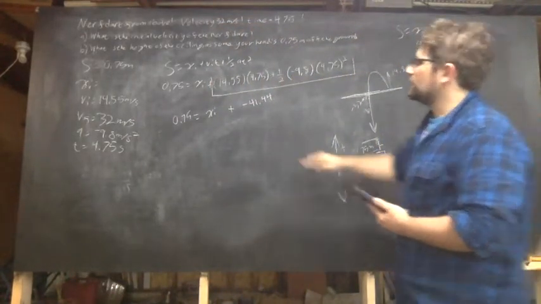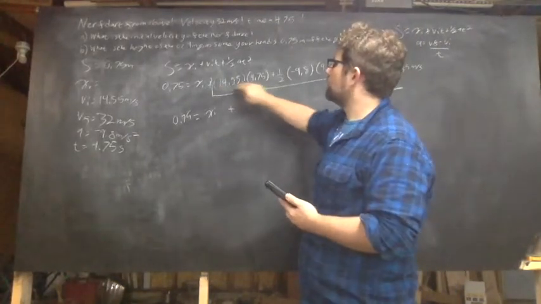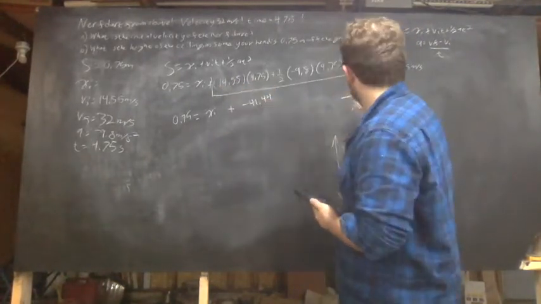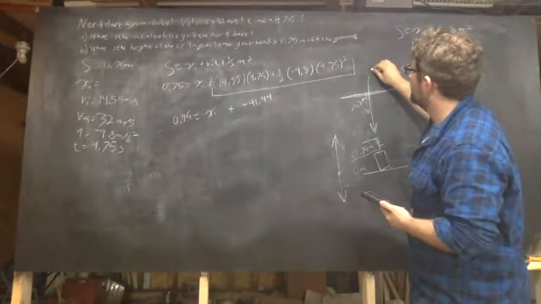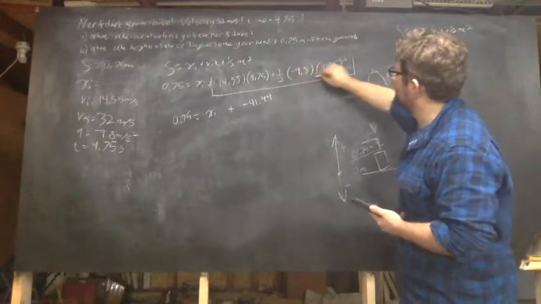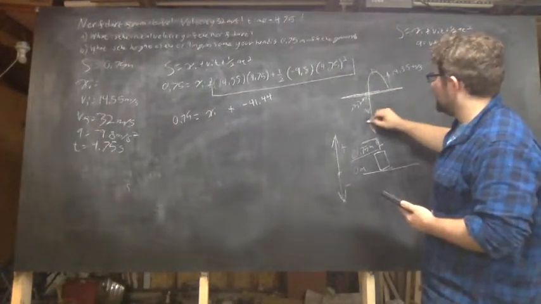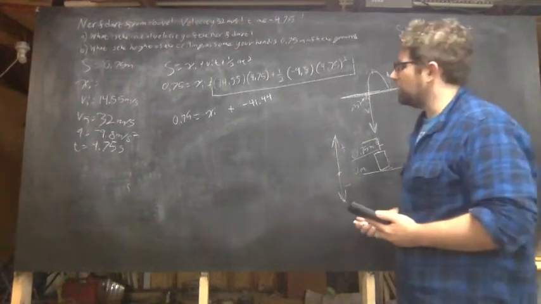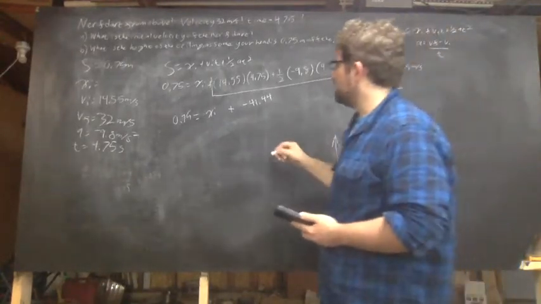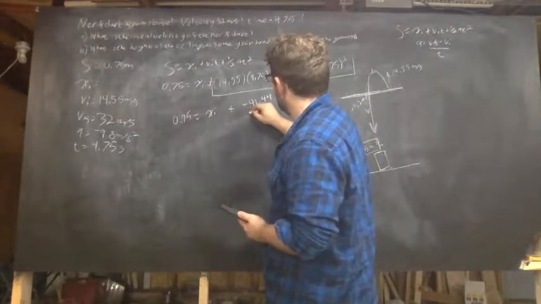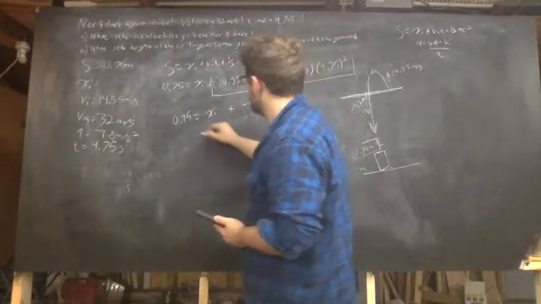Notice that this gets me a different value than it did before, because this part of the equation is telling me how much movement I got up to this point, and everything after that is covered by this part of the equation. It can be a little confusing to think about, which is why I wanted to change it. So let's add 41.44 to both sides.